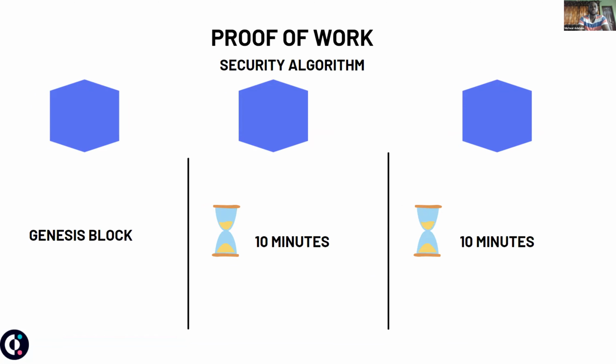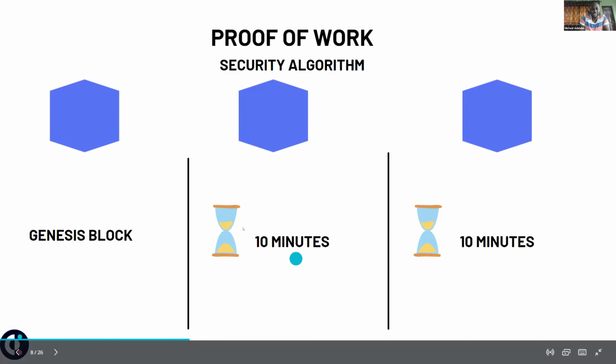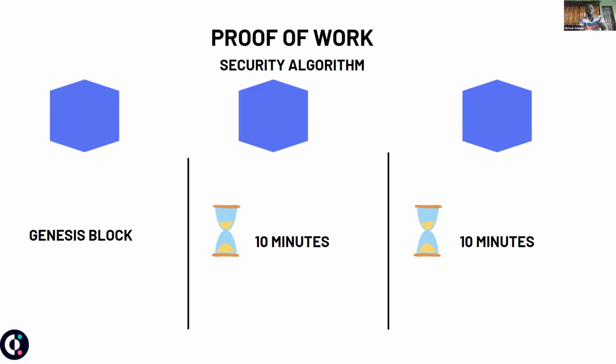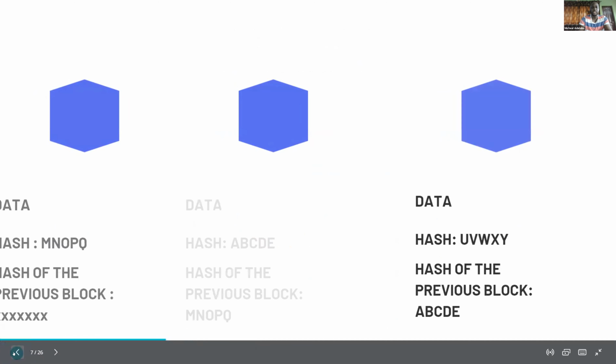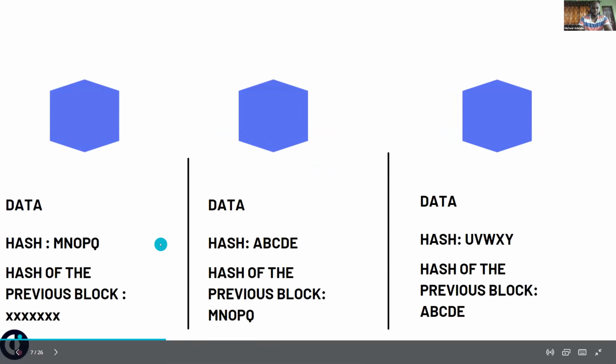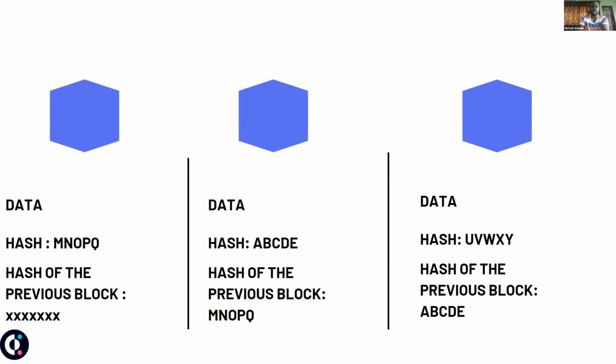So it's a security measure put in place to protect people from changing the details of a block. But this can be achieved easily also, like I said earlier. And proof of work now comes in, where you are not able to easily change the hash of a block.